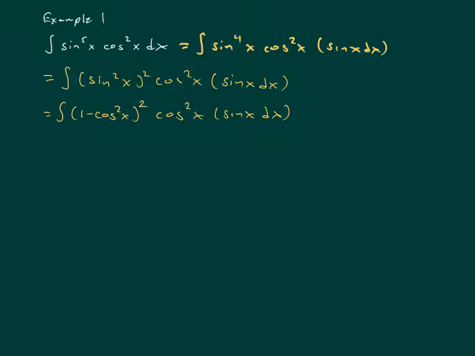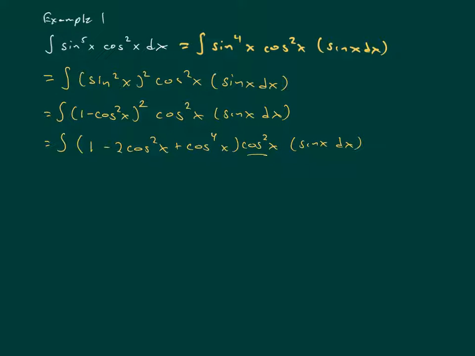And the next thing I have to do, remember with the guidelines, is that I've made that substitution and converted all the sines to cosines. Now I'm going to need to expand this. And so this will now become the integral of 1 minus 2 cosine squared x plus cosine to the fourth x times cosine squared x times that sine x dx.